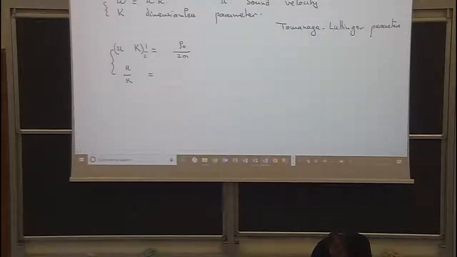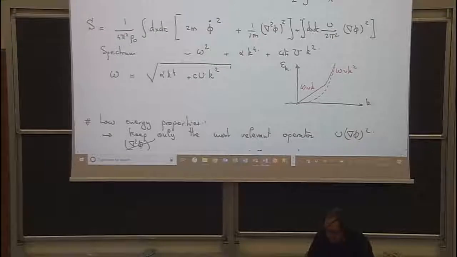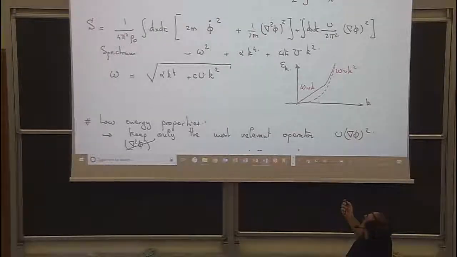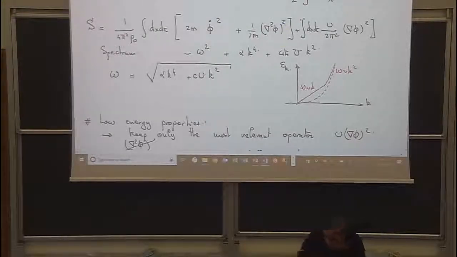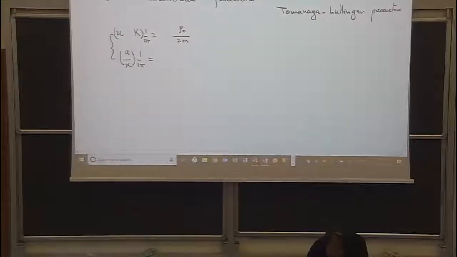And u over K divided by 1 over 2 pi is, if I take this, U over 2 pi square, U, the interaction, not the velocity.